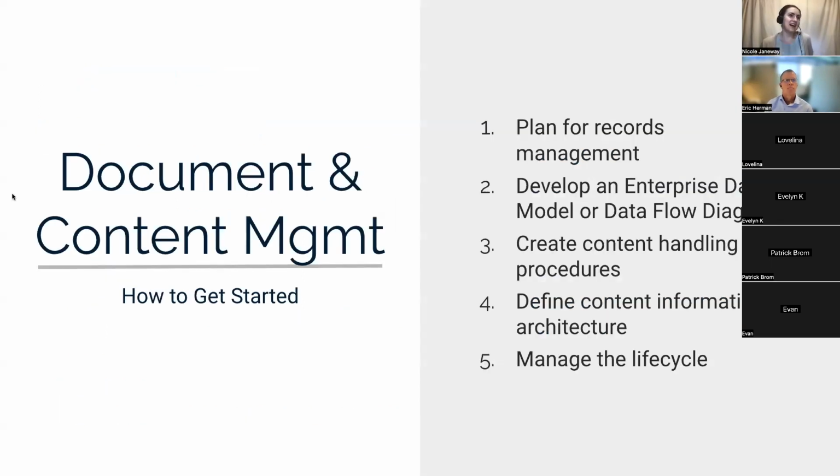Last thing is that document and content management requires a lot of planning, and it also is useful to think through how these unstructured assets fit into your overall enterprise data architecture. Creating specific content handling procedures and adding those to your data governance documents is also crucial. There should be a specific, clearly outlined document lifecycle.